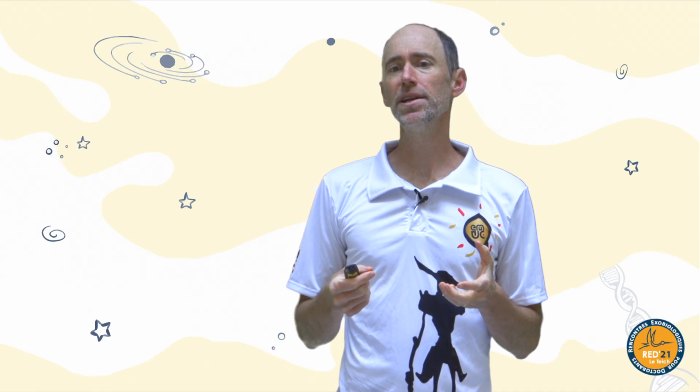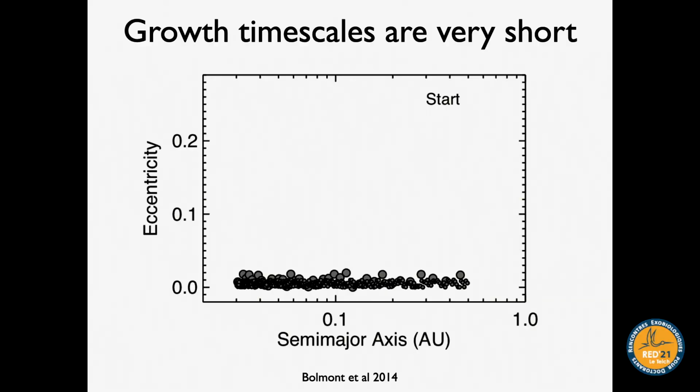What else do we know? Well, we know that the growth time scales very close in are very short. So this is showing an animation of a population of rocky stuff that was basically just thrown close to a star, and we're going to see it collide and grow and see how long that takes. Okay? And the y-axis here is the eccentricity, the orbital eccentricity, how stretched out an orbit is, and the x-axis is the orbital radius, the semi-major axis.